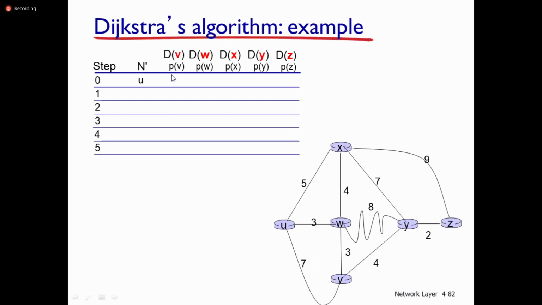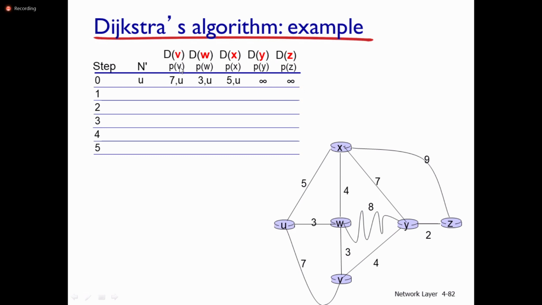Similarly, U to Z is also not an immediate neighbor. So here we'll get 7, 3 and 5, and the remaining are infinites. That is 7, u; 3, u; 5, u; infinite and infinite. Is my first step clear?